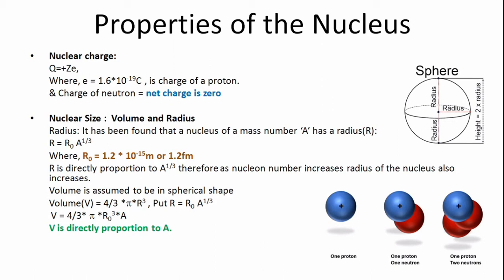Let's say I have an element X, and it has a mass number A. Then the expression for the radius is given by R equals R naught into A power 1 by 3, where R is the radius of the nucleus of element X, A is its mass number, and R naught is a constant whose value is 1.2 into 10 power minus 15 meter, which is also 1.2 femtometer.